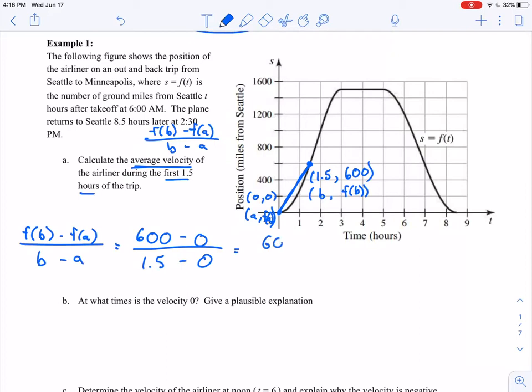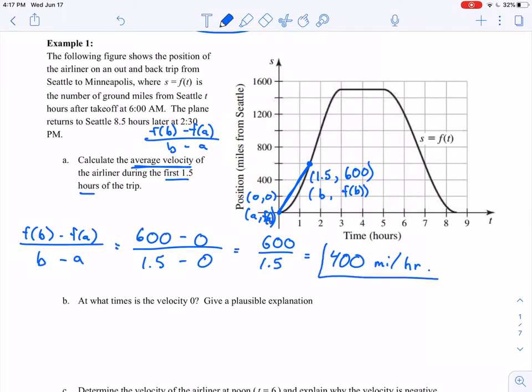So I just have 600 divided by 1.5, which gives me 400. And since we're talking about average velocity, I would like to give a unit here. My unit of position is miles from Seattle, so 400 miles per unit of time, per hour. So our average velocity in this case is 400 miles per hour.